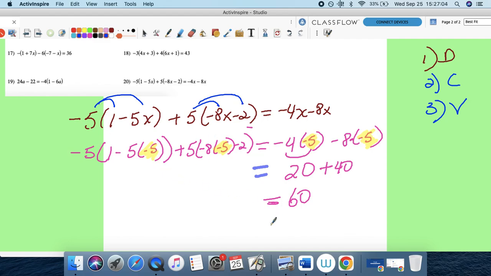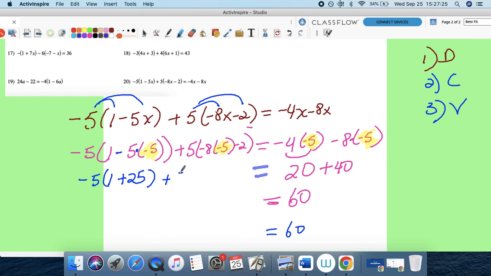I'm going to do it in steps. Okay, I don't know how many lines I'm going to need, but negative 5, let's do inside the parentheses. So I have a multiplication here, so that's equal to 1, and then that's a negative 5, by the way. So negative 5 times negative 5 is positive 25.